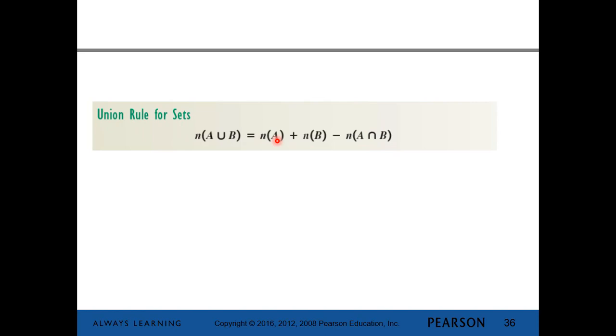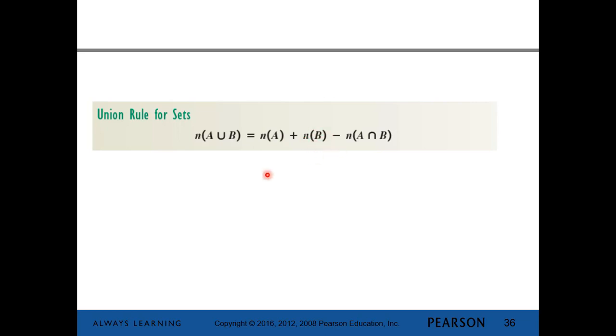Okay. Now, if they're disjoint sets, remember, what's this? The intersection is the empty set, right? And what's the cardinality of the empty set? How many elements are in the empty set? 0. So it reduces to just the number of elements in this set plus the number of elements in this set.